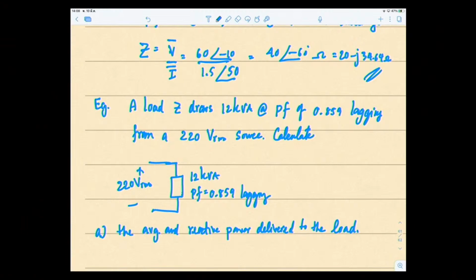Okay, let's see. First of all, you have to know what's given to you. You know that the unit here is var. So you have to associate this unit with a certain power, and of course it is the apparent power.